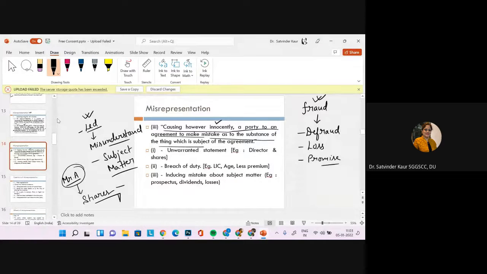So you can set aside the contract on the basis that the purchase of the share was on the decision that the particular person is going to join as a director or CEO of the company. That person is a very good industrialist, a very good name for the company, so by his name the company is going to grow. There can be so many things.